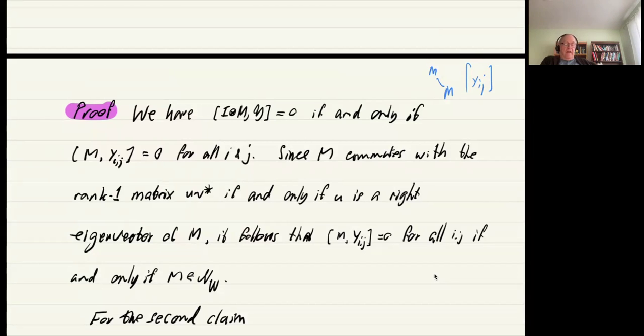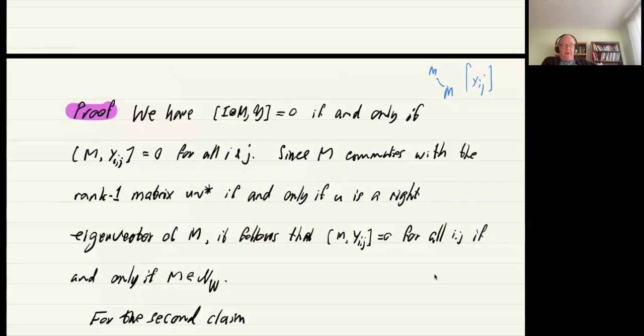Okay, and that's why I was doing that stuff about these being rank 1 matrices. So if M commutes with Y_ij, then the columns of Y_ij give you eigenvectors for M, and the rows give you left eigenvectors for M. So this is what I'm saying here.